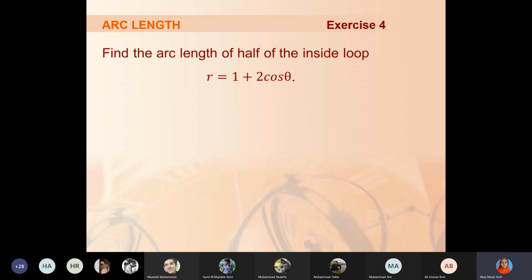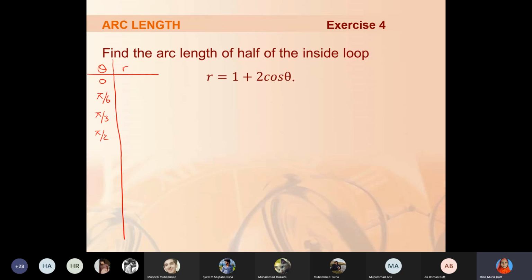But since this is a limaçon, we can draw it easily if we plot the points, that is, taking different values of theta. I will start with theta equal to 0 and taking a gap of pi by 6, then pi by 3, pi by 2. And what comes next?